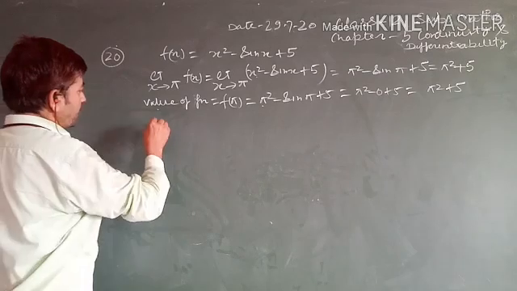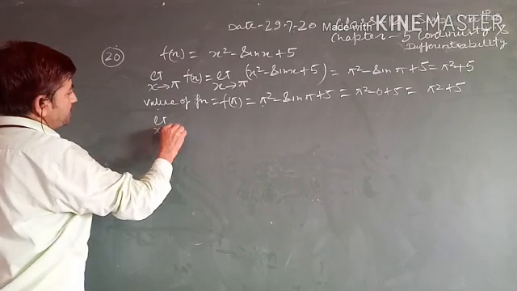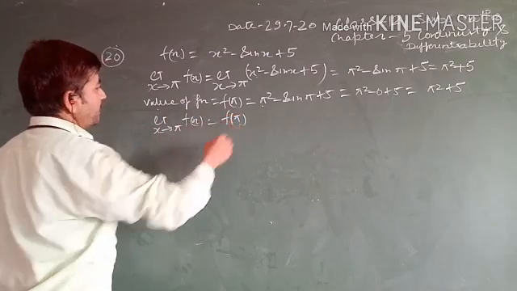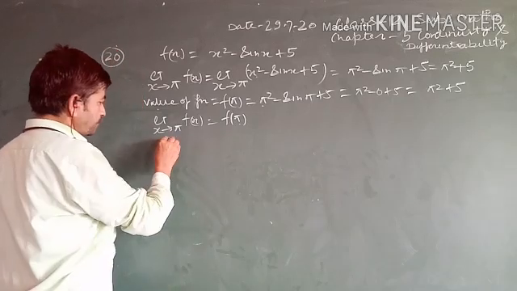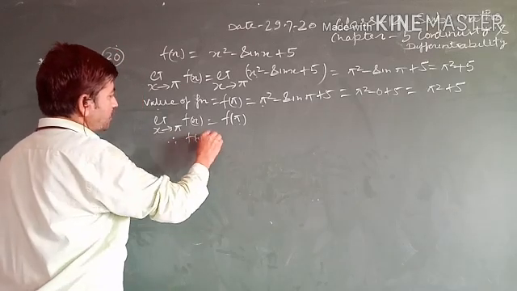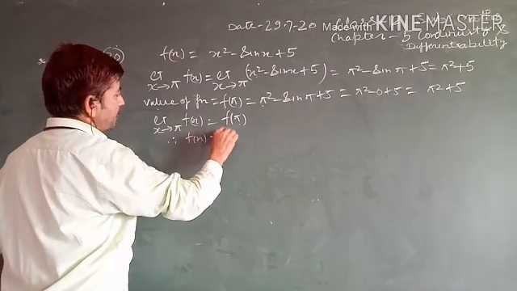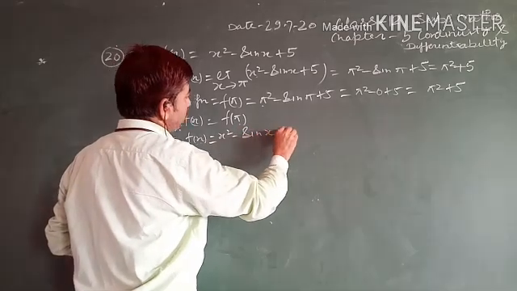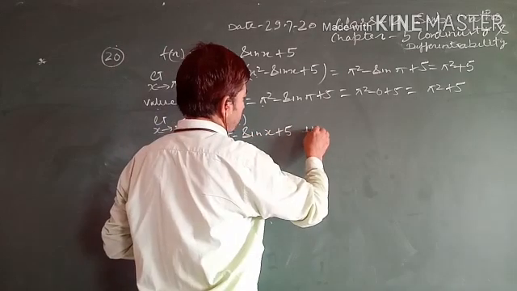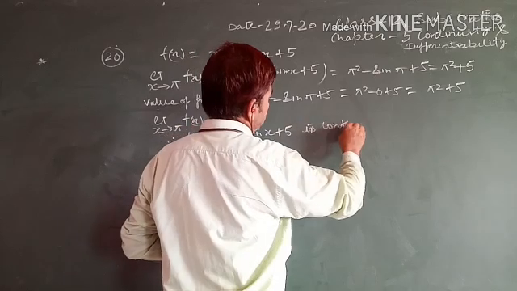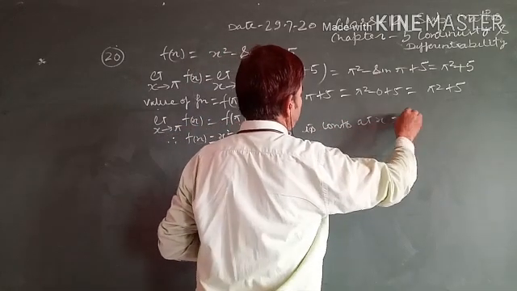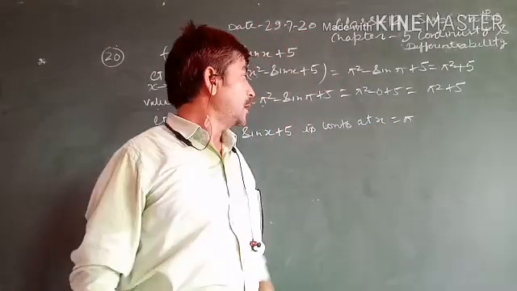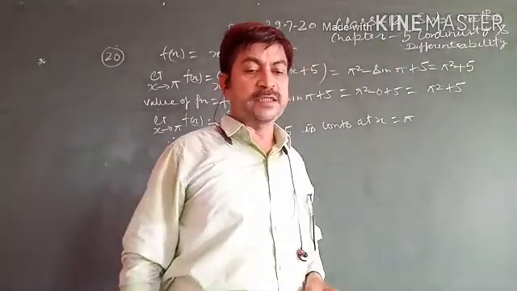Clearly, limit x tends to pi f(x) is equal to f pi. Therefore, f(x) equal to x square minus sin x plus 5 is continuous at x equal to pi. Hence, we proved this question.